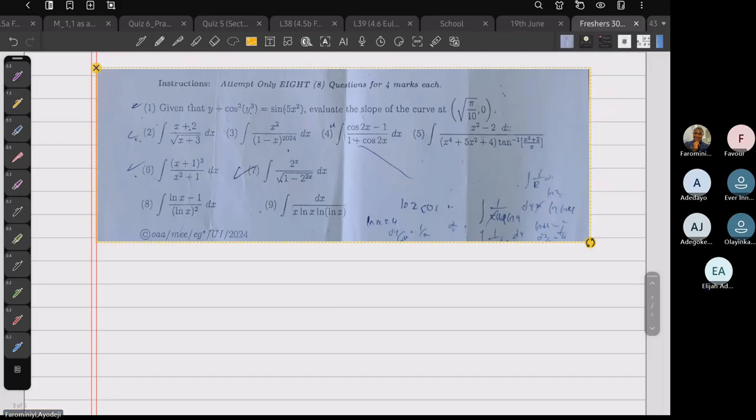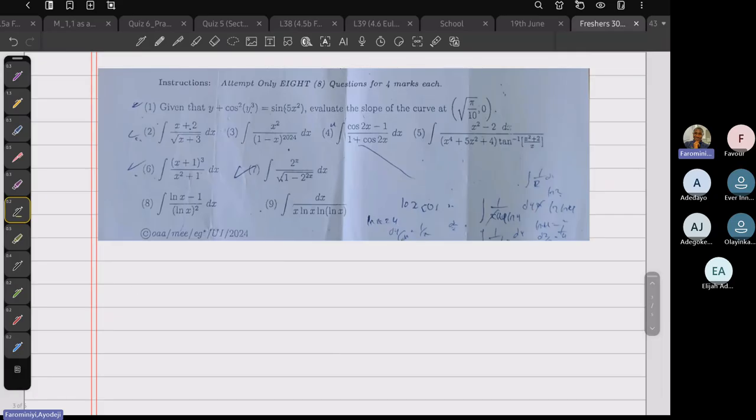That's okay. So number one question says that given that y plus cos squared y cubed is equal to sine 5x squared, evaluate the slope of the curve at this point, square root of pi over 10, 0.